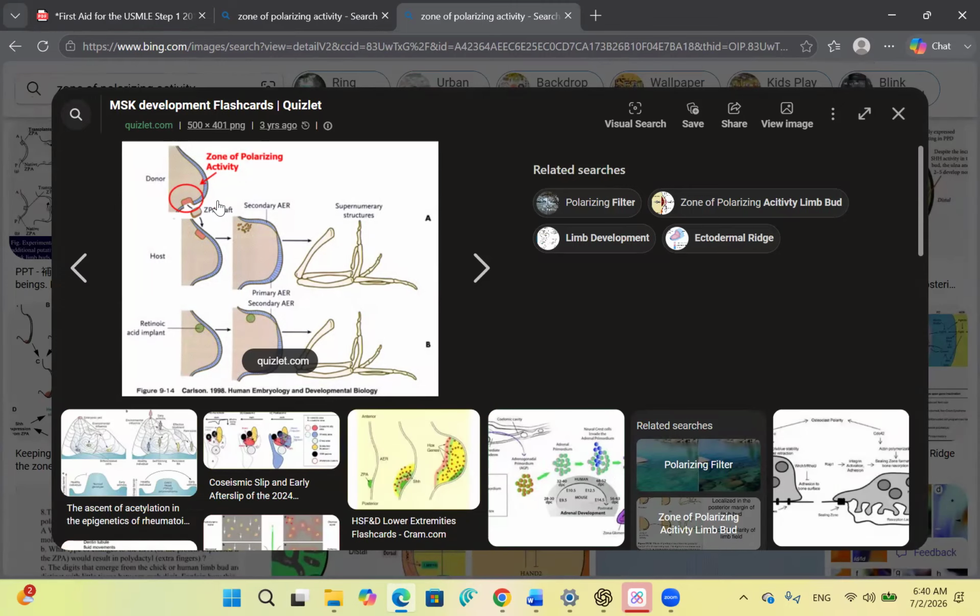So the zone of polarizing activity acts here and causes the development of secondary limb and I guess primary limb. And there they have shown an implant.